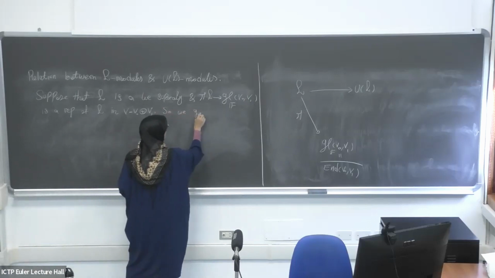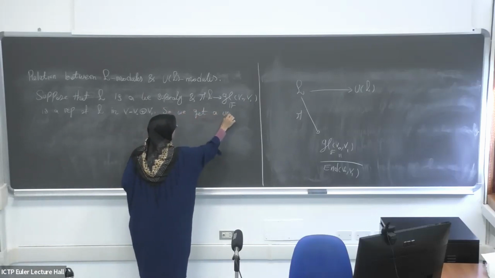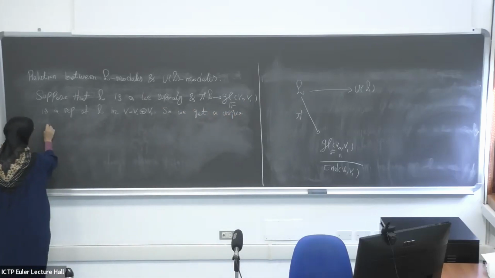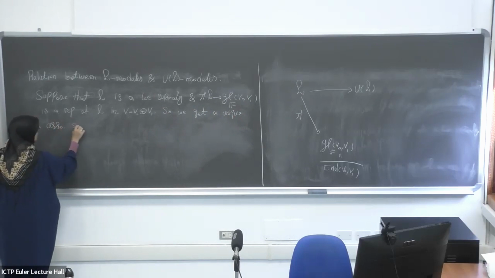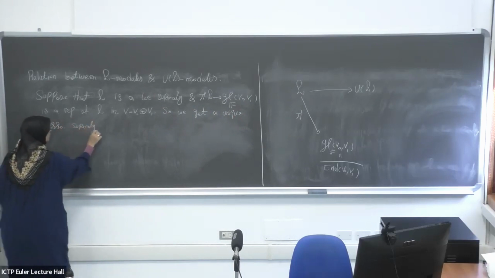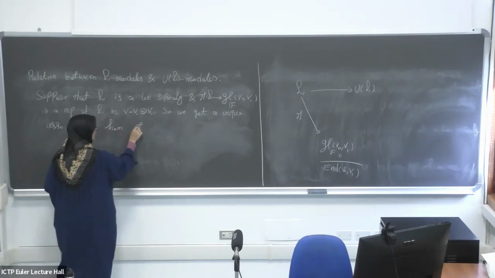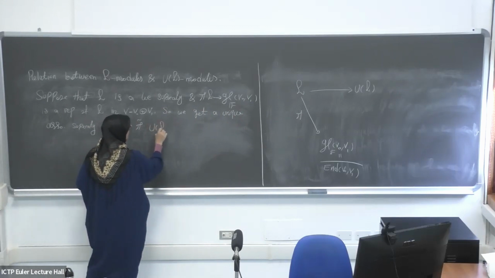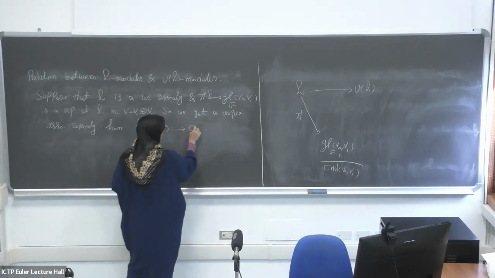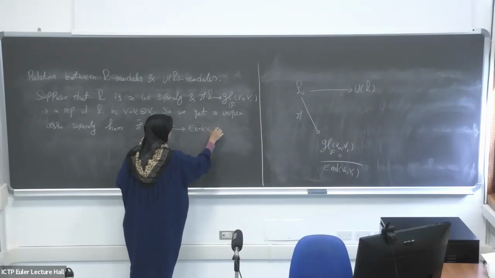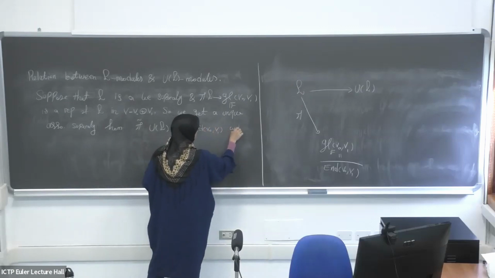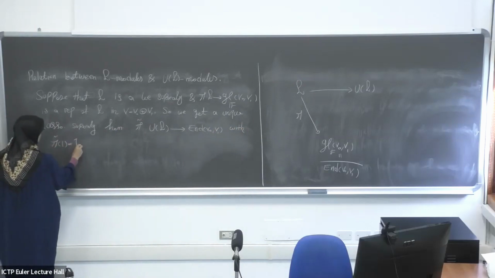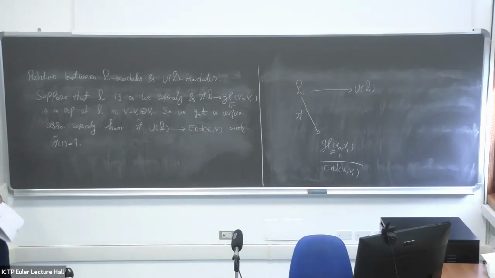So we get a unique associative superalgebra homomorphism pi tilde from UL to the endomorphism of V0 V1 with the property that pi tilde of 1 equals 1.